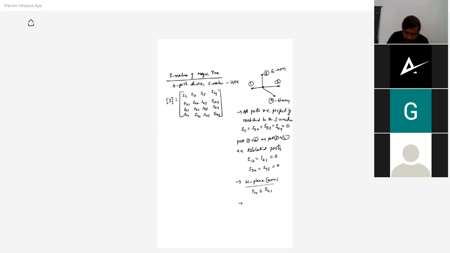Then what is the E-arm, E-plane property? E-plane means port 3, so S13 is equal to minus S31. So these are the properties.